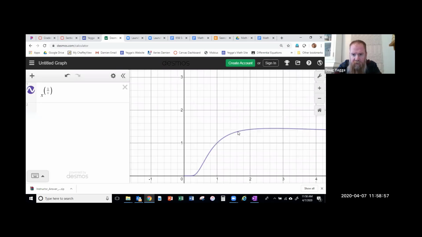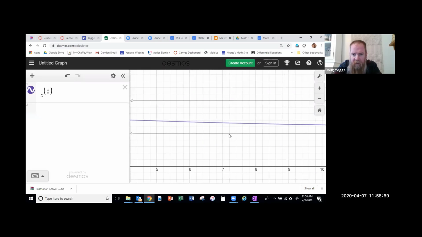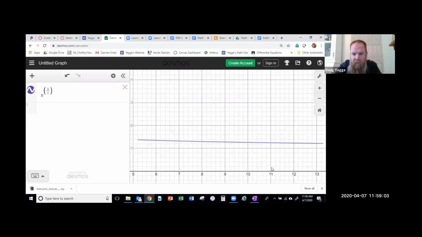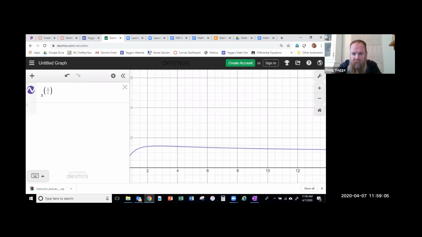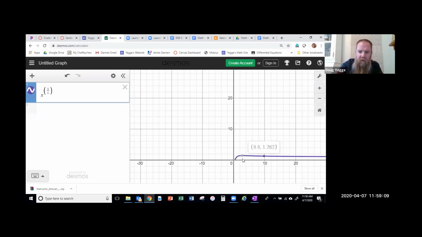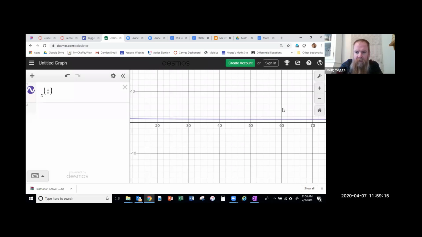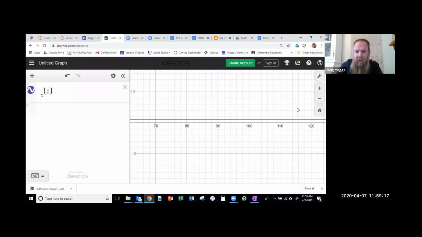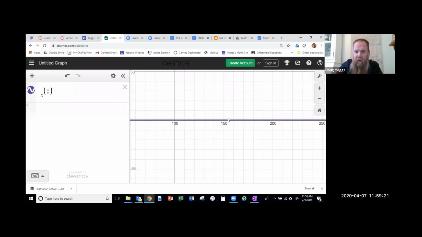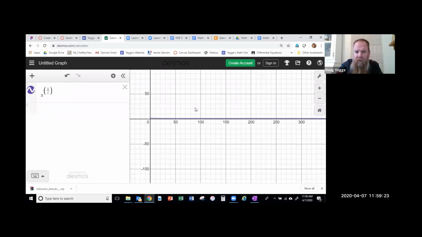But then as you continue to go out to infinity, it appears that it keeps leveling off somewhere. So when you look at this graph as x approaches infinity, let's just realize that those y values seem to keep getting closer and closer to some value. I can't tell. Let's zoom out a lot more here. Okay, I'd say that's far enough.